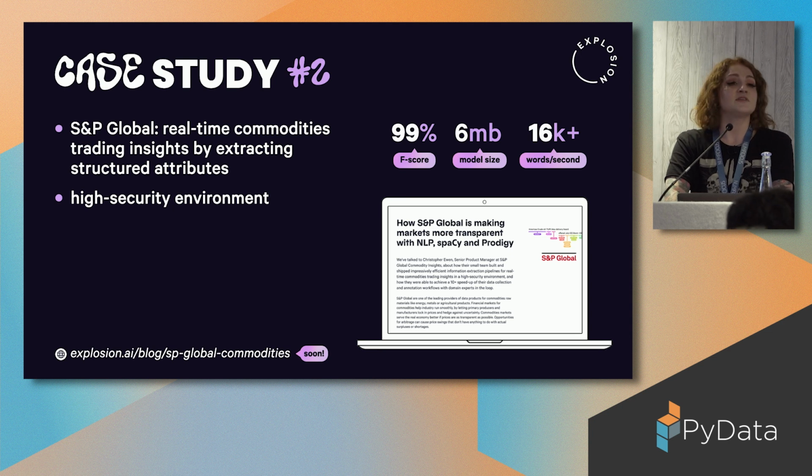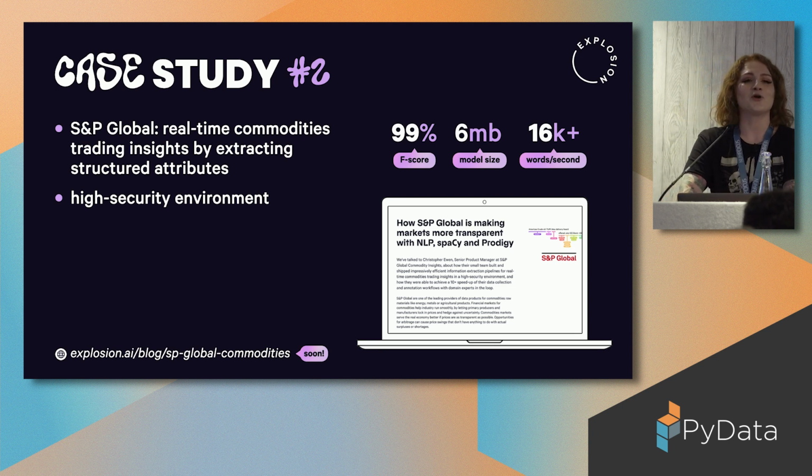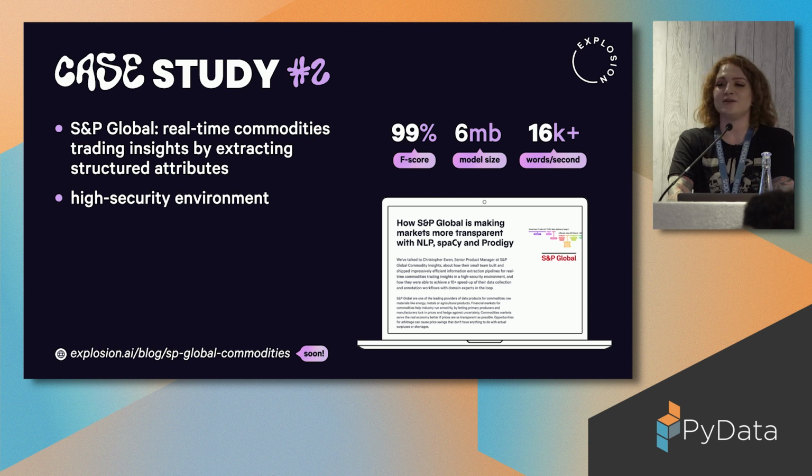And obviously, this is a high security environment. I actually got the chance to visit the team yesterday, and saw that they have this secure area where the analysts are working, and no data can leave their servers, because this is information that can really significantly move and affect markets.